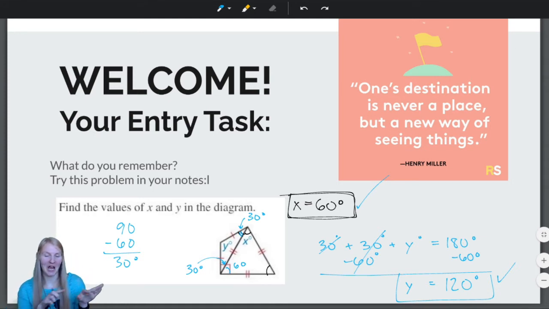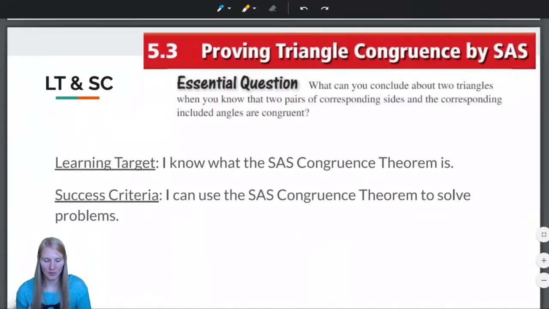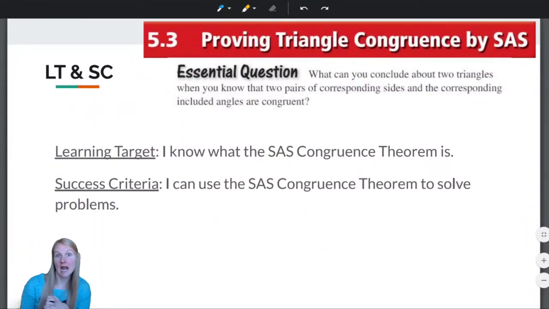Okay, that was a review from 5.4. Now, let's jump into what we have for today. Now today, remember I've said we're going to do 5.4 before 5.3, so I know we just finished 5.4, but now we're going to jump into section 5.3, which is proving triangle congruence by SAS.